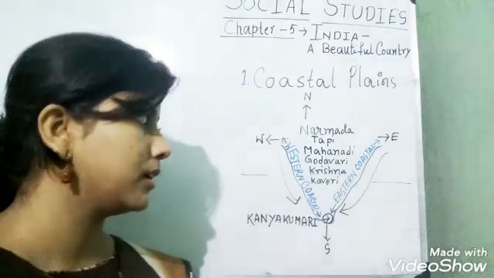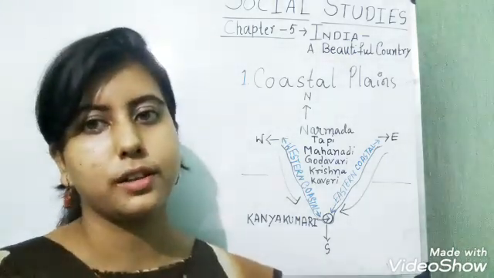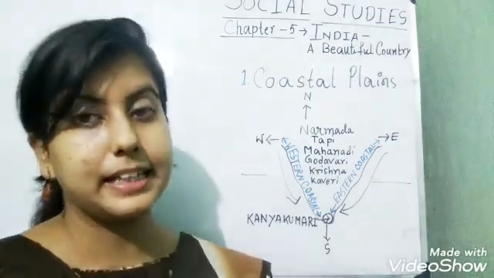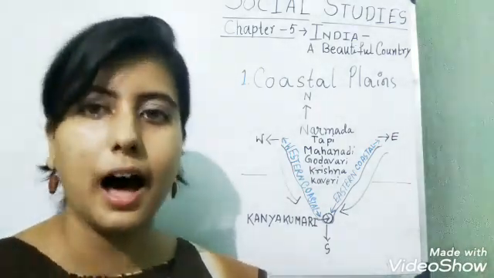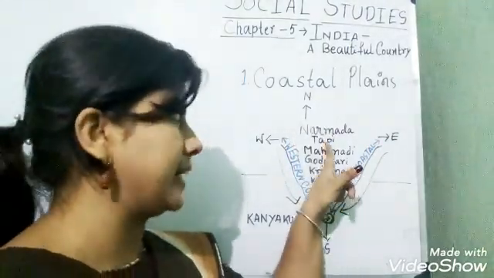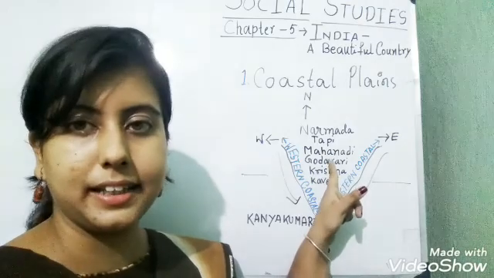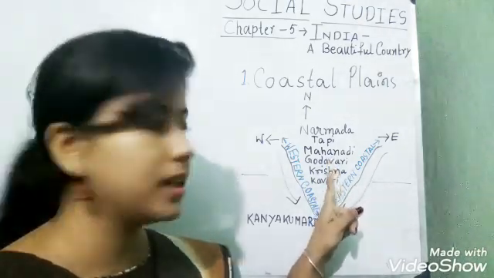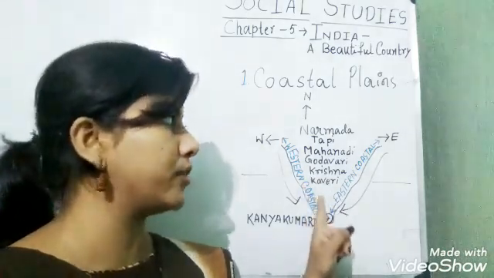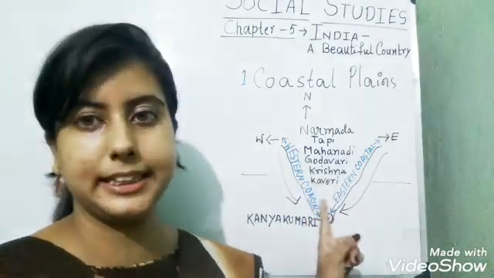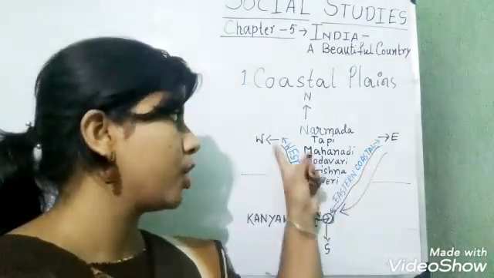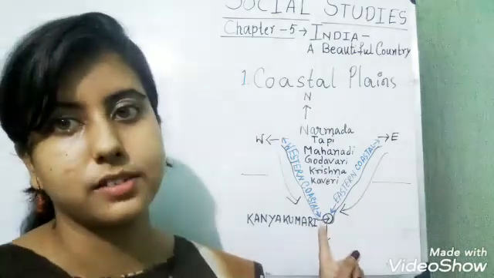Now, many rivers flow through these plains. The names of the rivers are Narmada, Tapi, Mahanadi, Godavari, Krishna, Kaveri. So these are the rivers of South India, and they flow through these coastal plains.